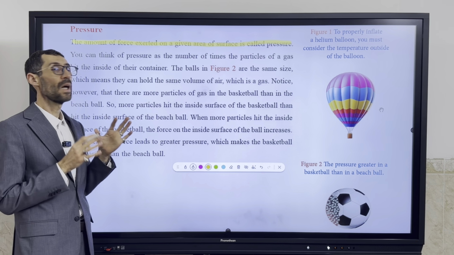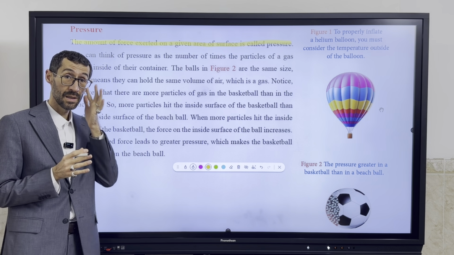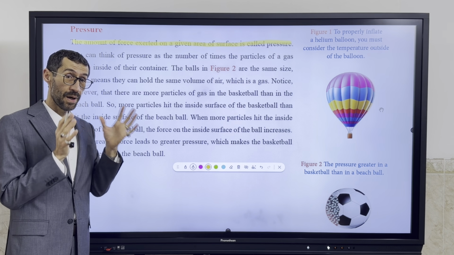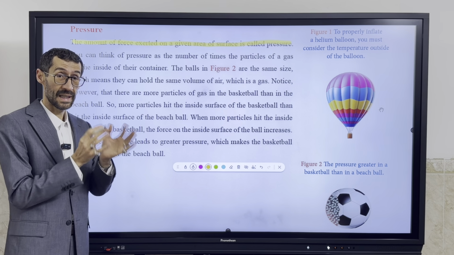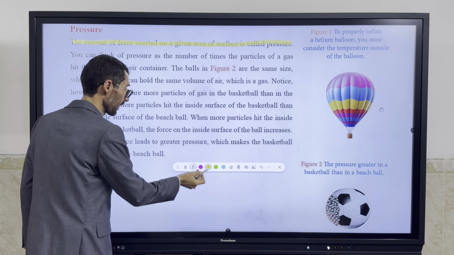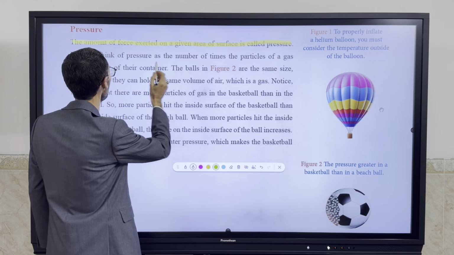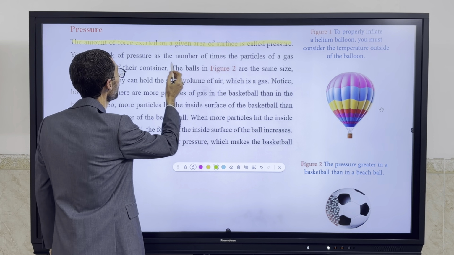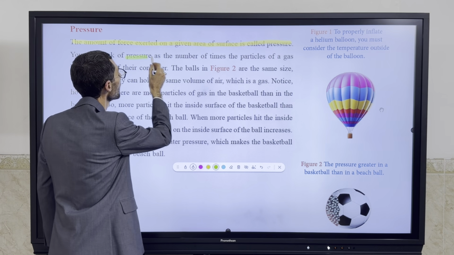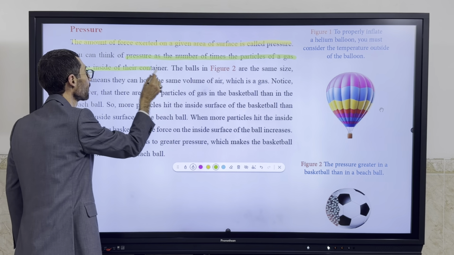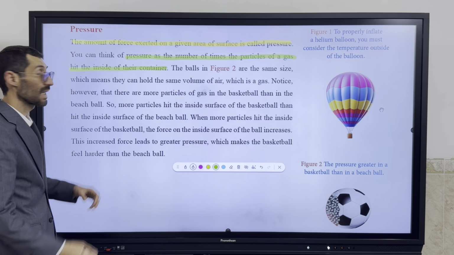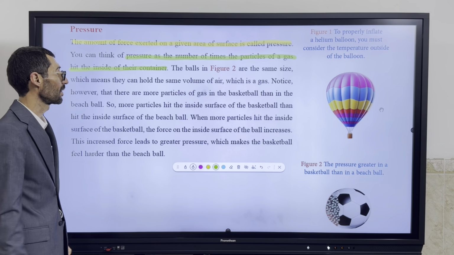It comes from the number of times that the particles of air hit the wall of the container. Let me highlight for you. Pressure is the number of times the particles of gas hit the inside wall of the container.